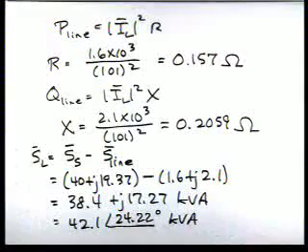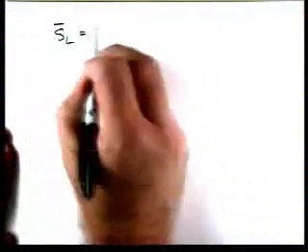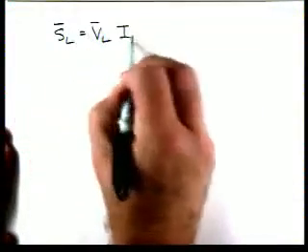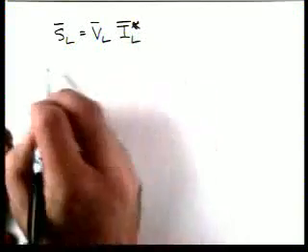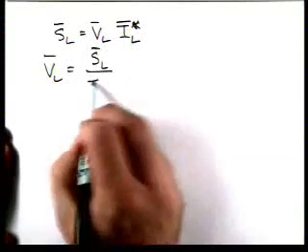Now, we know for the load that SL is VL times IL conjugate. So now VL is SL divided by IL conjugate.